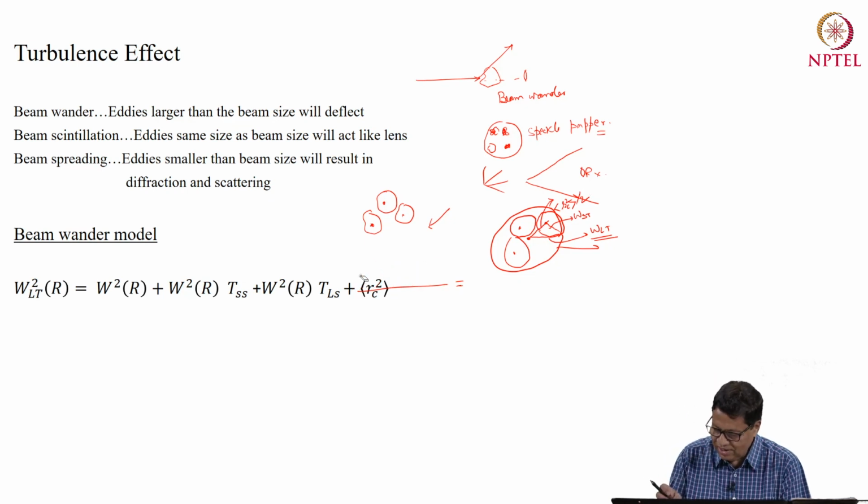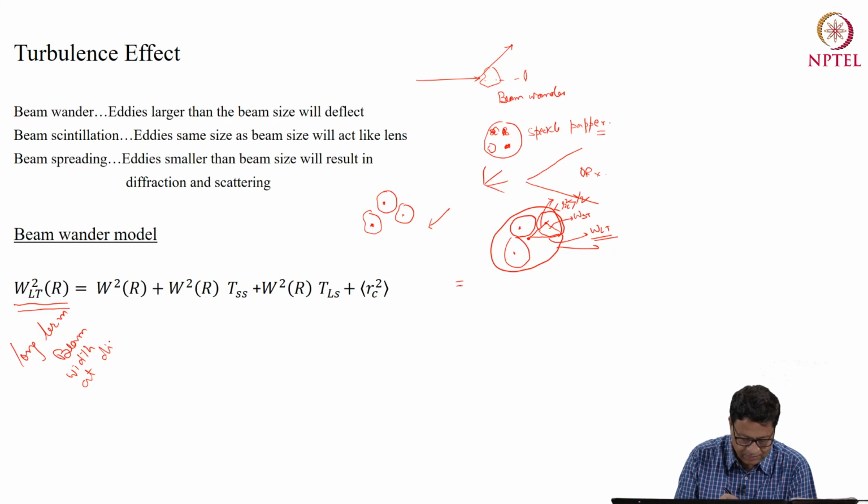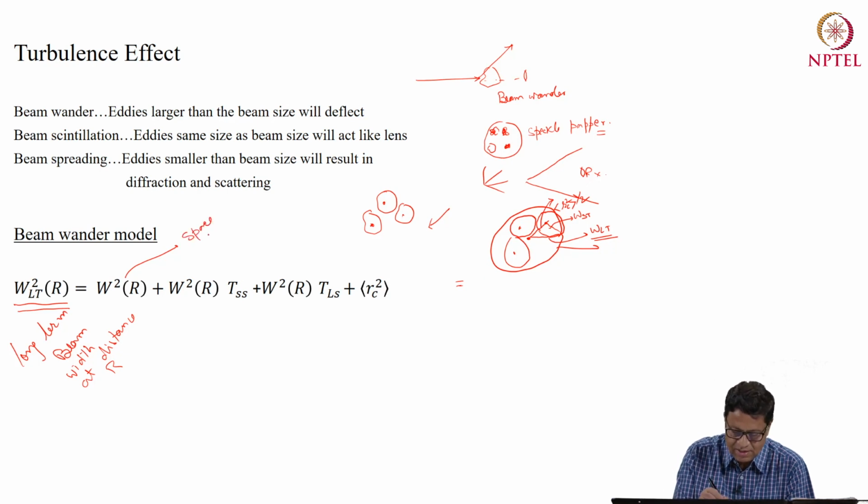If I try to model the beam wander, this is the long-term beam width at a distance r, which is happening because of the turbulence. The beam width w square r is because the wave is traveling through space, and the space will increase the beam width at a distance r.